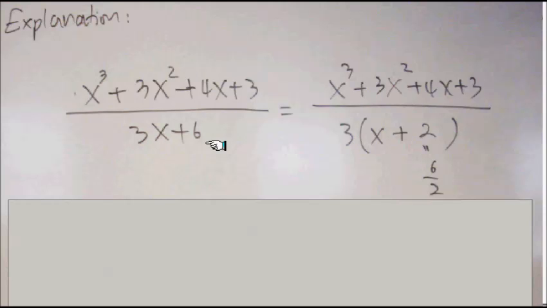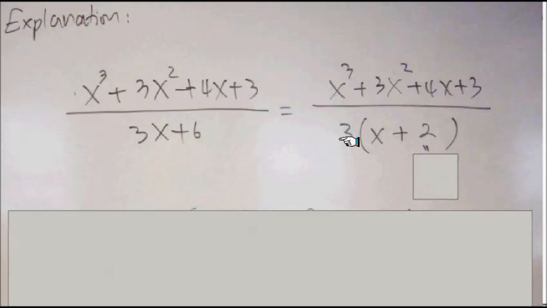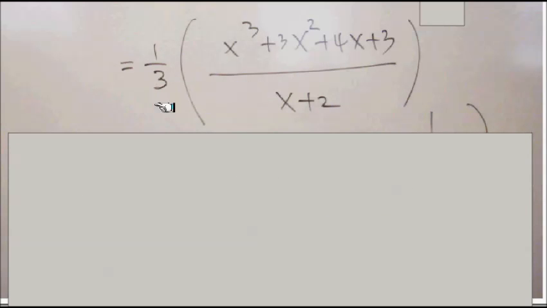Sometimes it's not divisible by 3, you can still factor out 3 and have this fractional expression. Again, this is a mistake, it's 6 divided by 3 is what it's supposed to be there. And then I'm going to completely factor out so that what's remaining here is our usual synthetic division. So here it is, that 3 was there to multiply the whole quantity x plus 2, now it's factored out outside the whole thing.